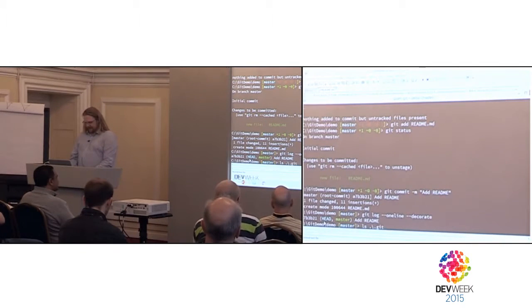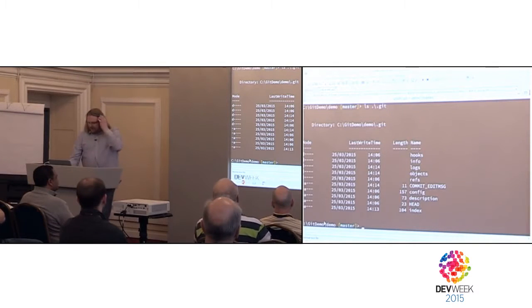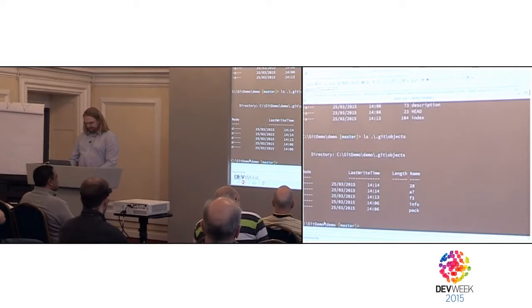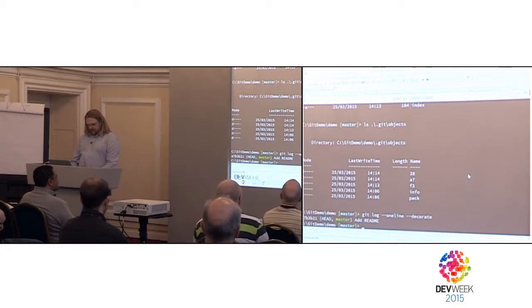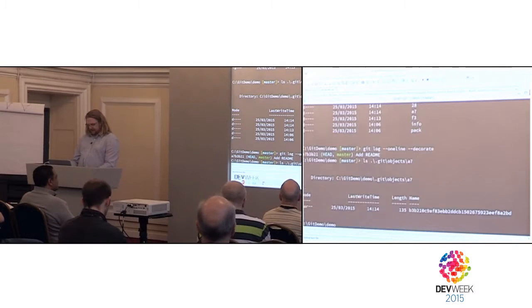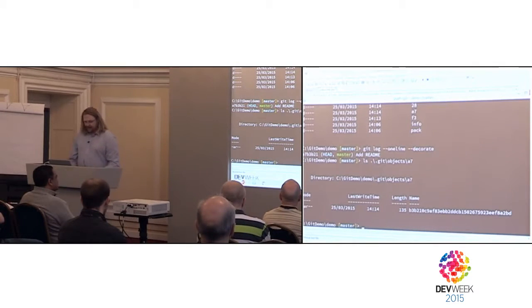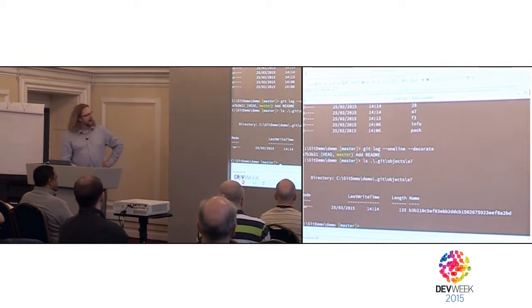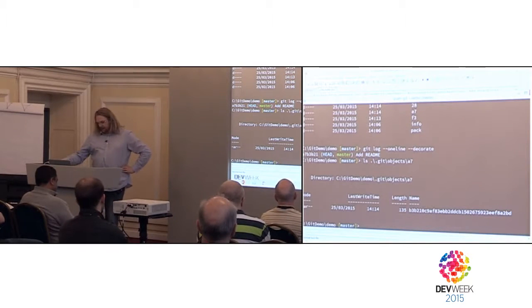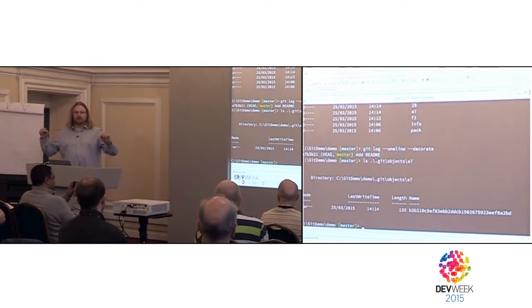So if we looked at the .git folder, you'll see that there is an objects folder. And, sorry, if I just go back to my log, you'll see there's one that starts with A7. So ours starts with A7. And in there is the actual commit itself. If you put the A7 in front of it, that would be the entire commit hash.